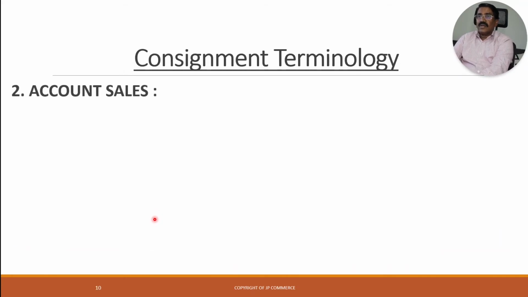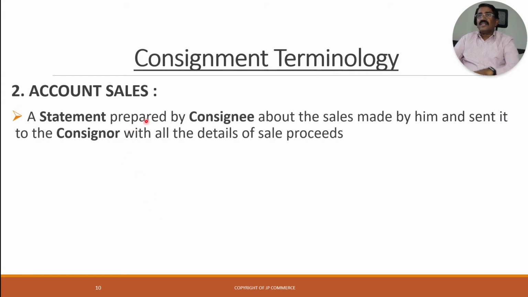Now, the second one is account sales. The word itself has the meaning. Account sales is a statement that tells about the sales, how much sale was made by the consignee. It is a statement prepared by the consignee about the sales made by him and sent to the consignor with all the details of the sales proceeds.